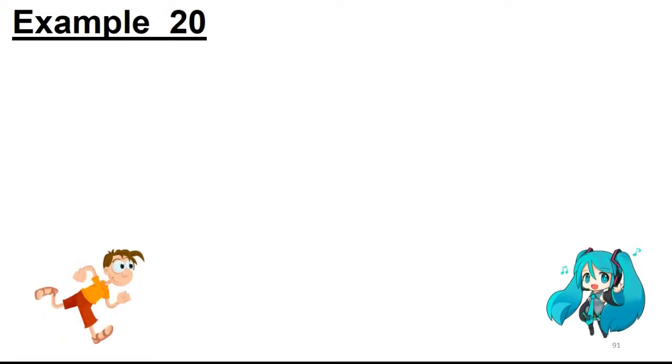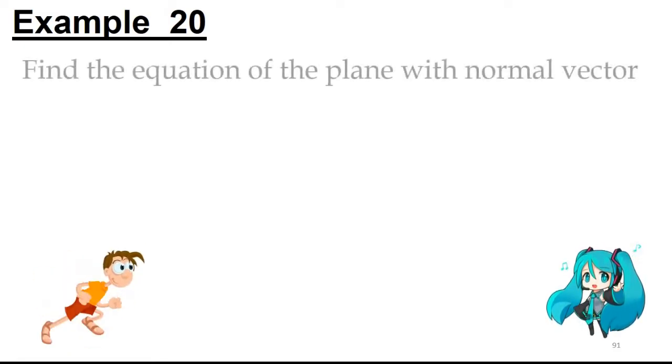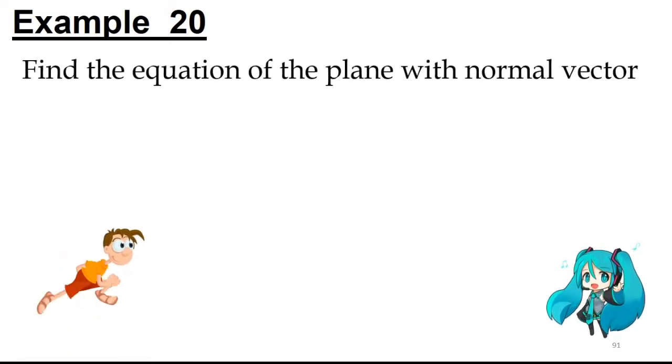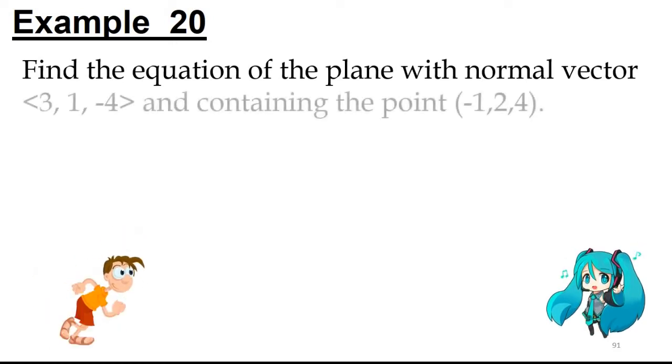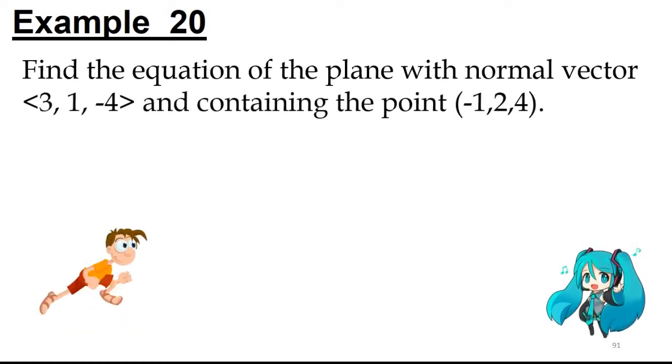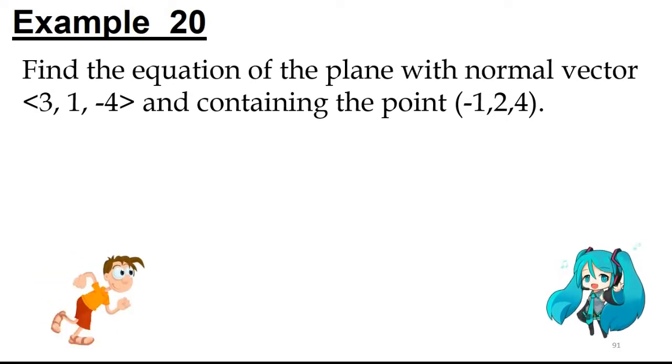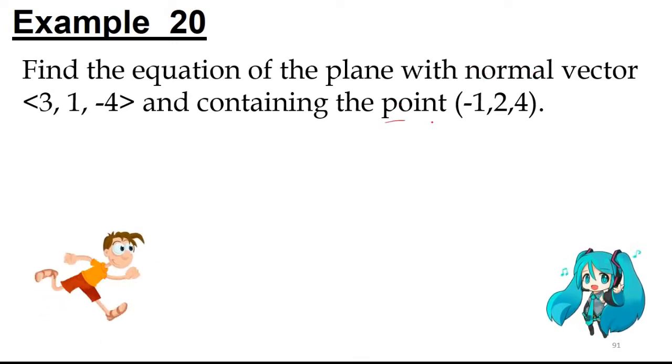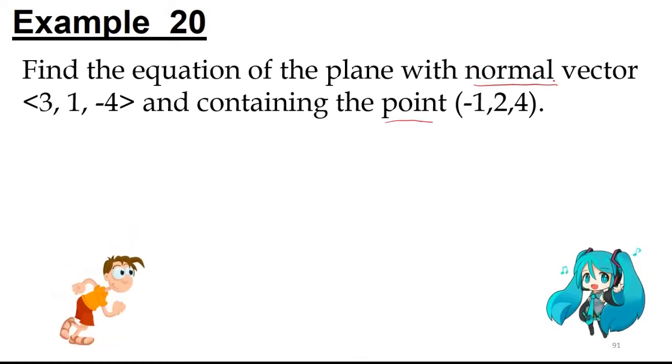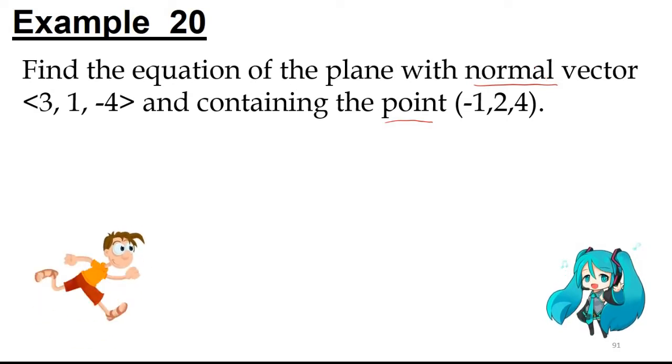Okay, let's look at example 20. Find the equation of the plane with normal vector 3, 1, negative 4 and containing the point negative 1, 2 and 4. So here is the first criteria. You have one point and you have normal vector. So, how to write the equation of plane?